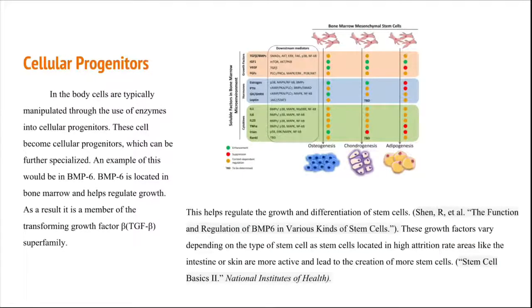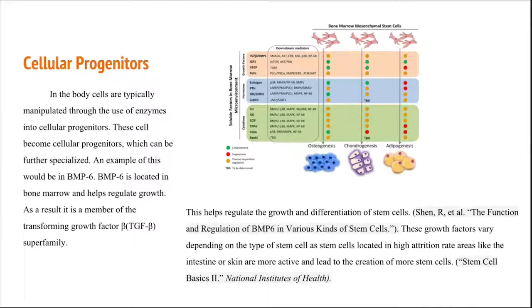Now, this is very commonly done through the use of enzymes, and these create cellular progenitors. A good example of these enzymes would be BMP6, which is located in the bone marrow and helps regulate the growth of these stem cells and the rate of their population growth.